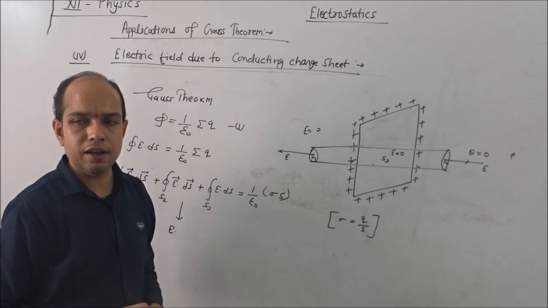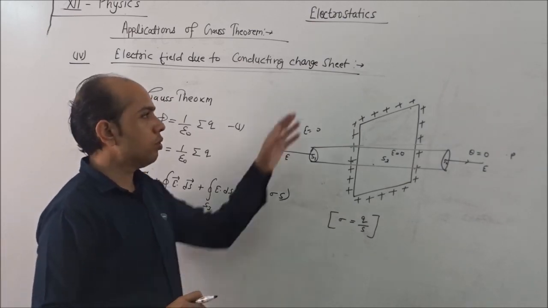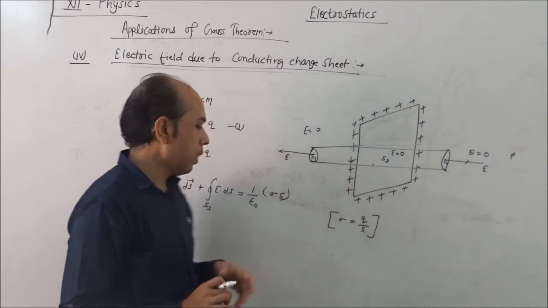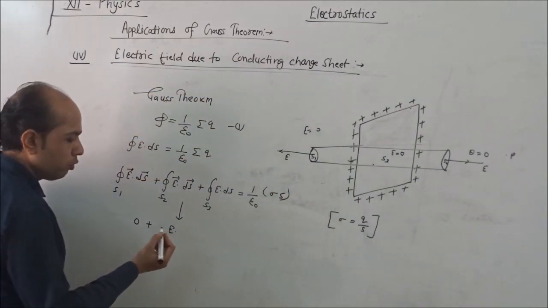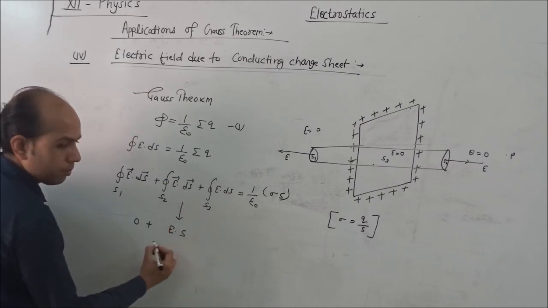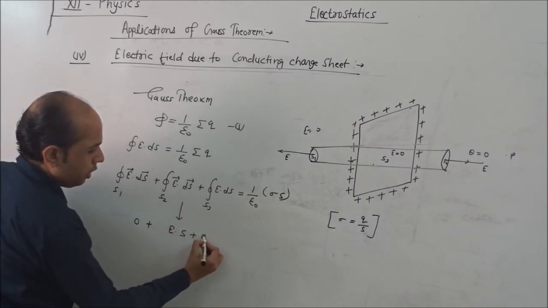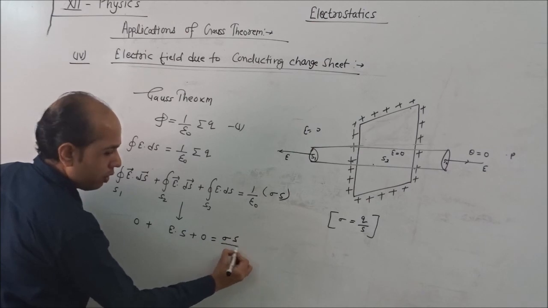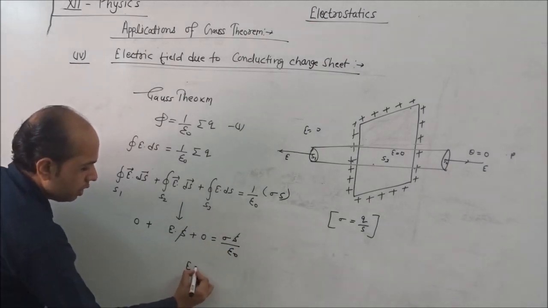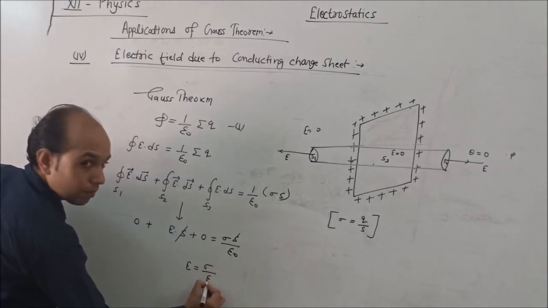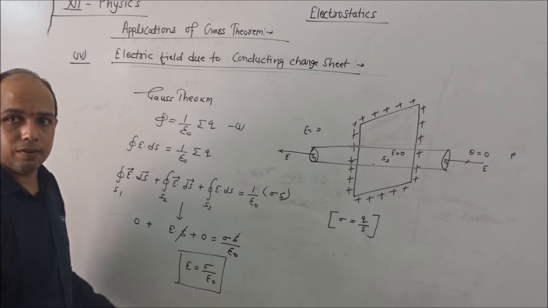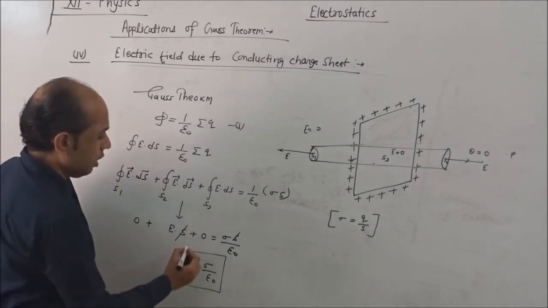It may be a rectangle, it may be a square. So I am writing here only S, and as per the situation we put the value, either rectangle, cube or cuboid. So I am just replacing ds with S plus 0, and this equals sigma S upon epsilon naught. Now S and S cancel out, so E is equal to sigma upon epsilon naught. So this is the required electric field for a conducting charge sheet.